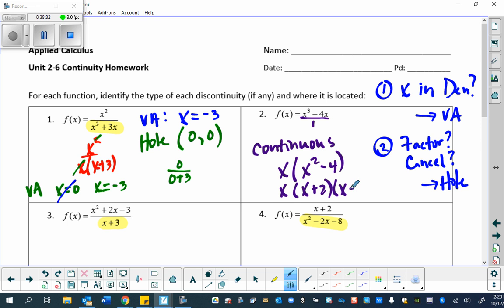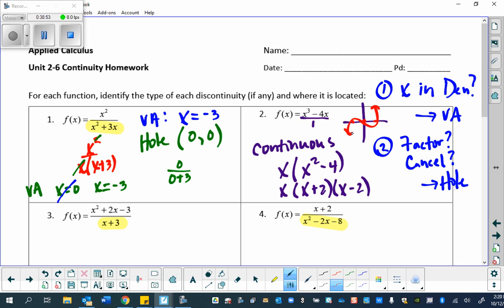This graph has 3 solutions. If I were to graph it, my solutions are at 0, positive 2, and negative 2. It's a cubic function, so it continues like that. I can draw that whole graph without picking up my pencil. It's continuous. No asymptotes.